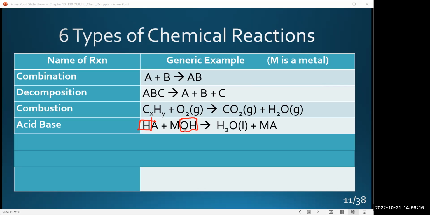When you have an acid and a base, the product you get, 100% of the time, is water, and then the corresponding salt, which is the metal of the ionic compound combining with the non-metal of the acid.